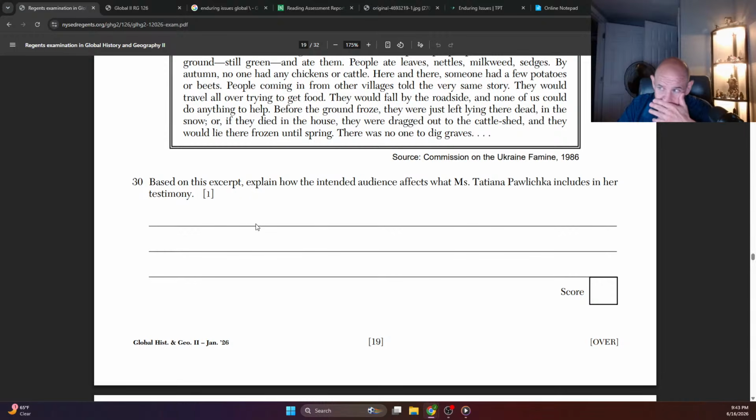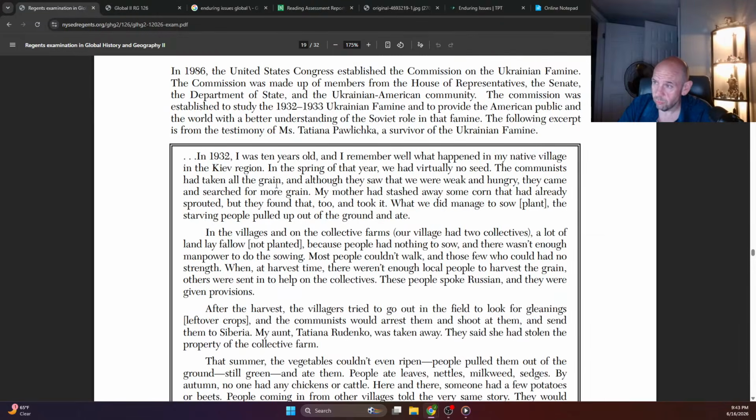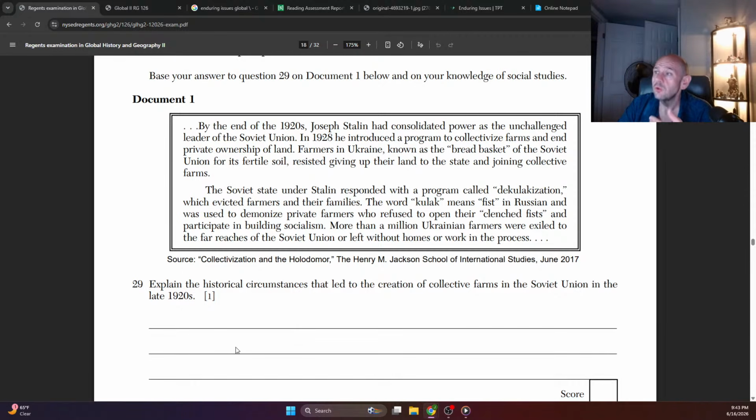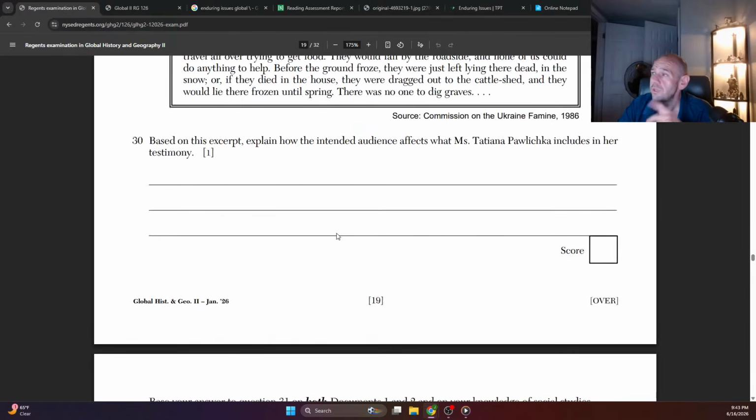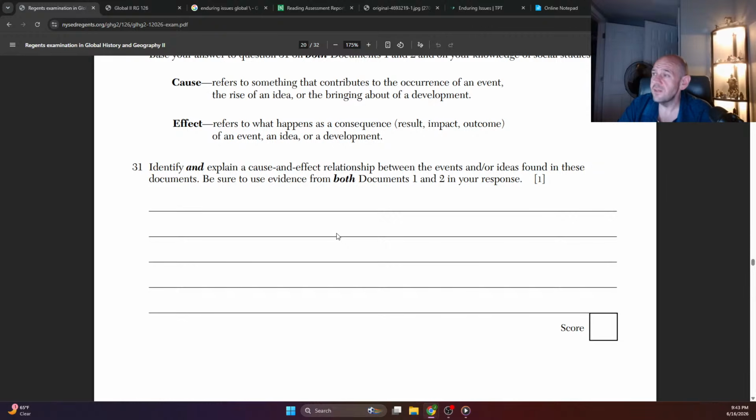Do I feel like these lines are sufficient space to answer the questions for the first document and the second document? I do. When you get to the third question, do I feel like these lines are sufficient space to answer these questions? I do not.